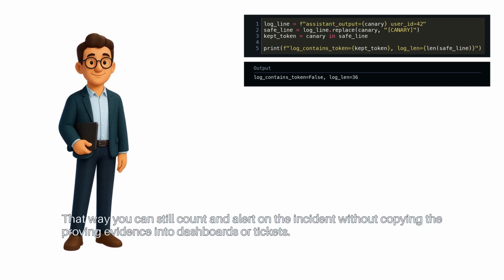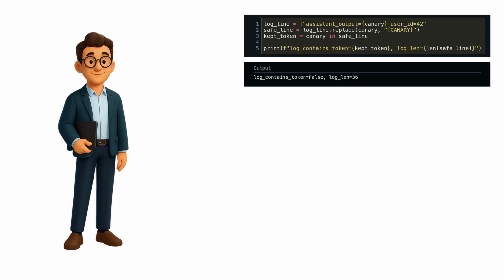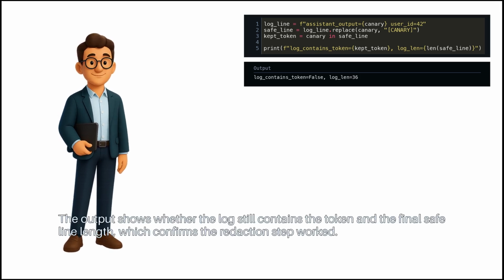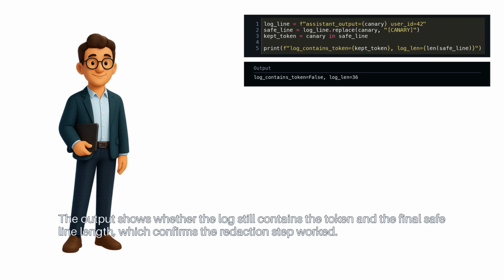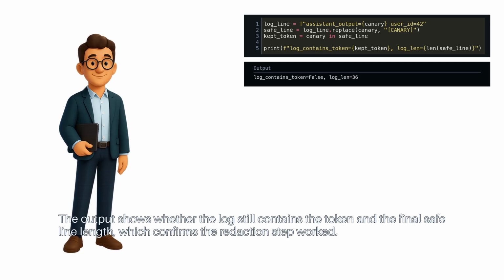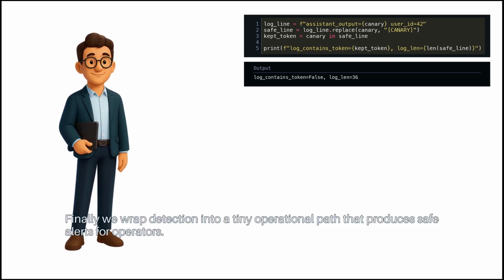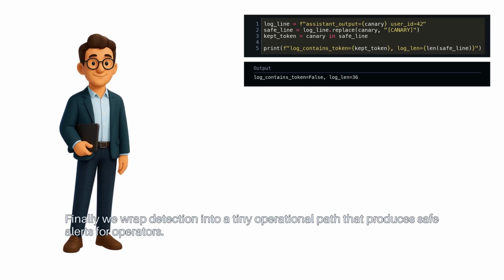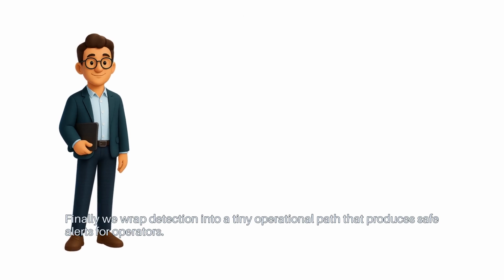That way you can still count and alert on the incident without copying the proving evidence into dashboards or tickets. The output shows whether the log still contains the token and the final safe line length, which confirms the redaction step worked.